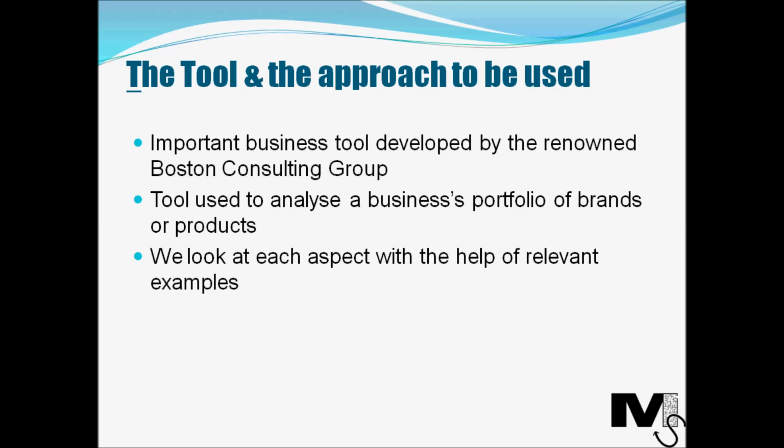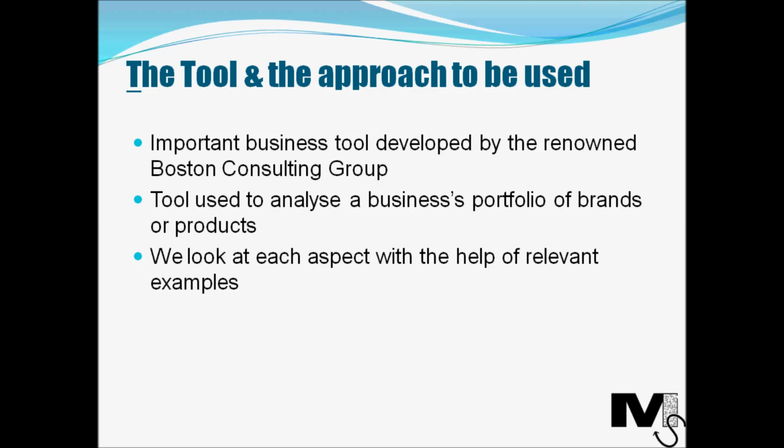The Boston Matrix is an important business tool developed by the renowned Boston Consulting Group, BCG. It was devised in the late 1970s, and it's a tool used basically to analyze a business's portfolio of brands or products.